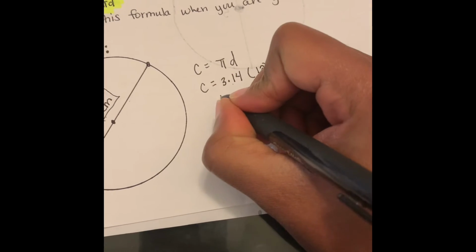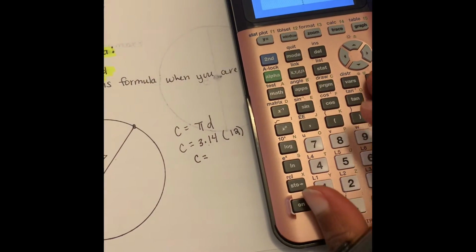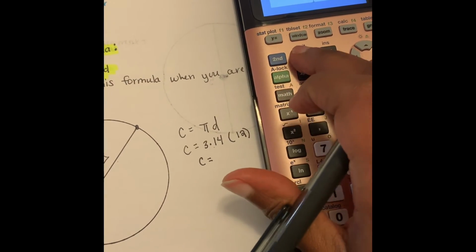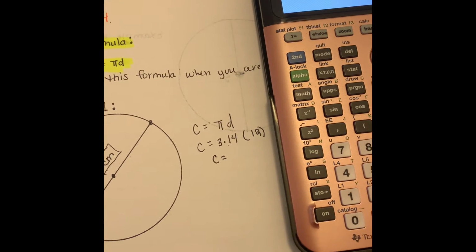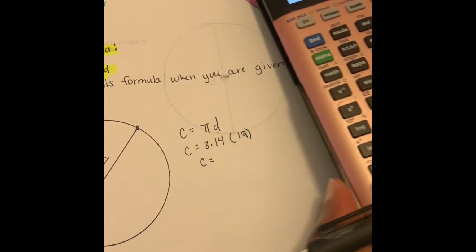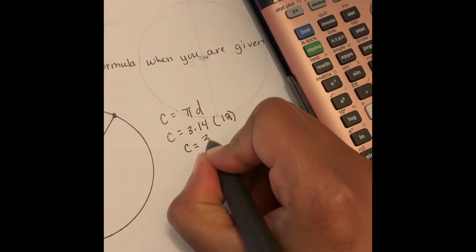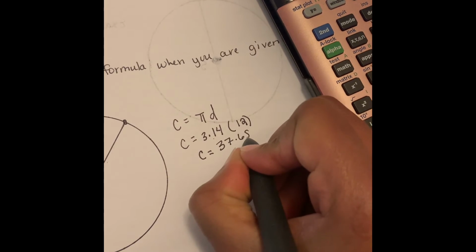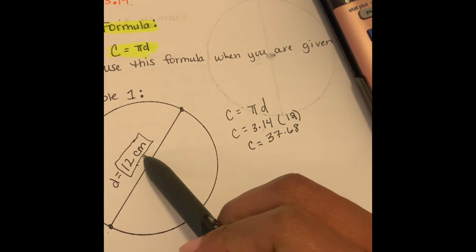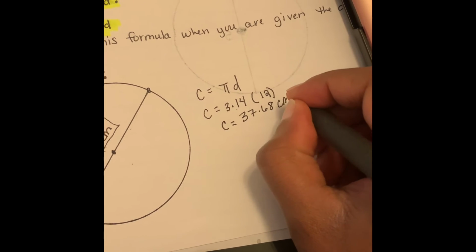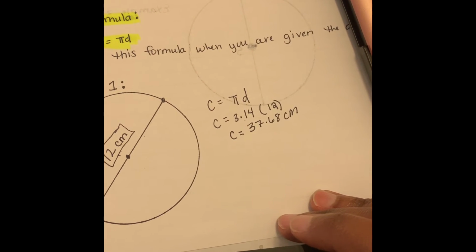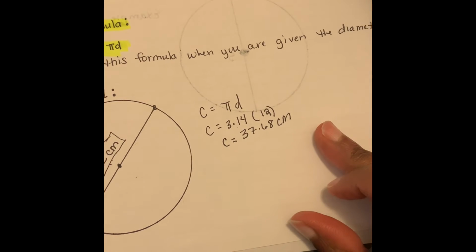If I use my calculator, 3.14 times 12 is equal to 37.68. And my measuring units was centimeters. 37.68 centimeters.